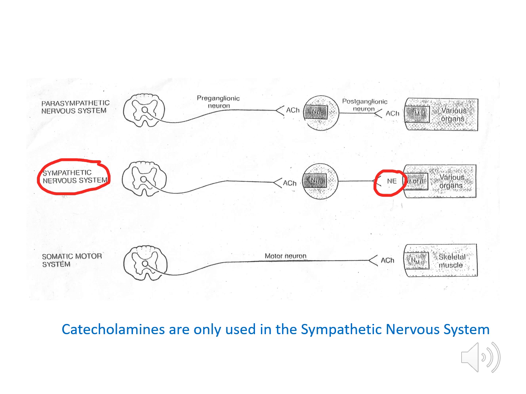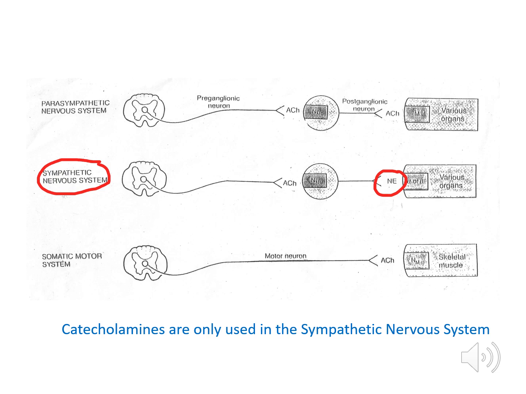So that's 4 of the 5 synapses in the peripheral nervous system that use acetylcholine, which means the only synapse that uses epinephrine and norepinephrine is the synapse between the postganglionic nerve and the target tissue in the sympathetic division. So epinephrine and norepinephrine are only used in the sympathetic nervous system.